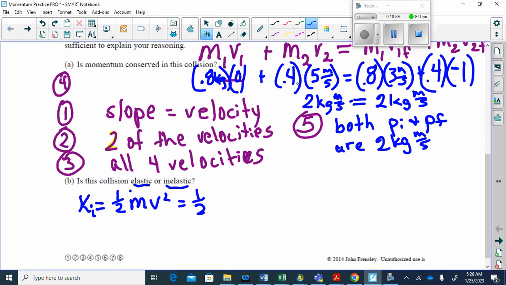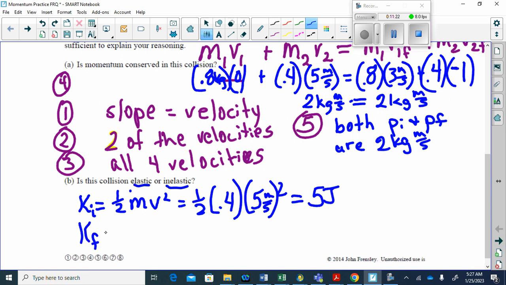So for this cart, we have 1/2 times 0.4 times 5 squared. And when we calculate it, we get that the initial kinetic energy is 5 joules.